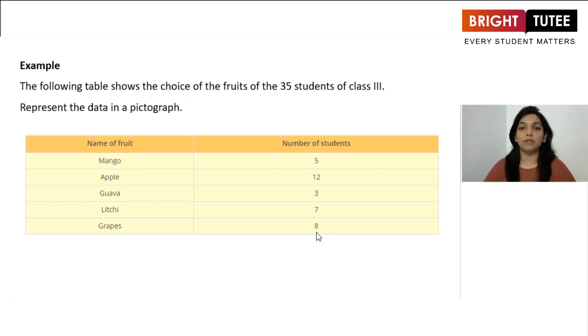I hope you remember in the last class we learned about the data frequency distribution table, how we were managing the data, how we were organizing it with the help of frequency table. This is something similar. Here we see the name of fruits is given, and corresponding to it we can see the number of students, right? So now let us see how we can represent this data using pictograph.